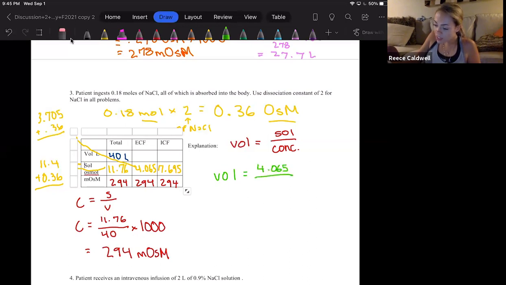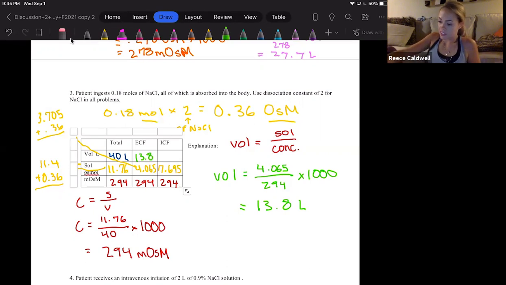We're going to divide it by the concentration, which is 294, multiply it by 1000 to get it into liters. And what we're going to get is 13.8 liters.